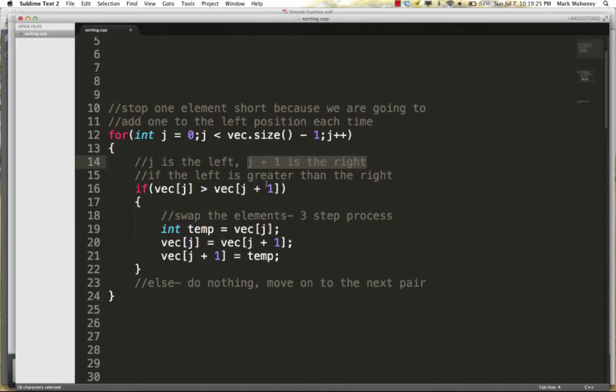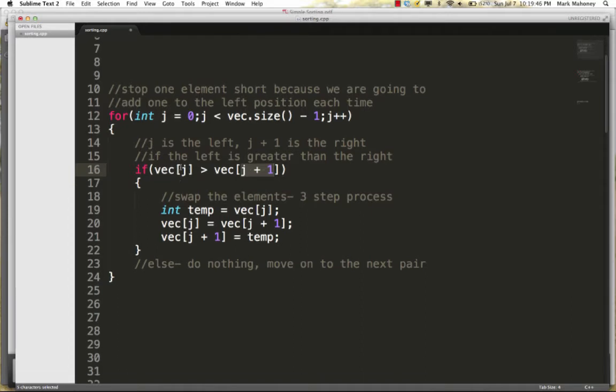Okay, because we're going to be using j plus 1 inside some square brackets, we want to make sure that we don't go quite to the end inside this for loop. So for j, we want to stop 1 short of the final position because we're going to add 1 to that value at the very end.